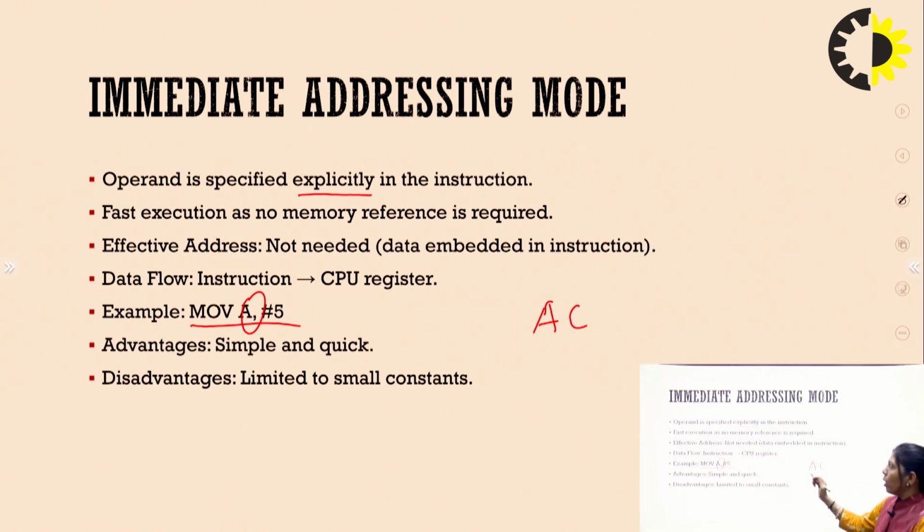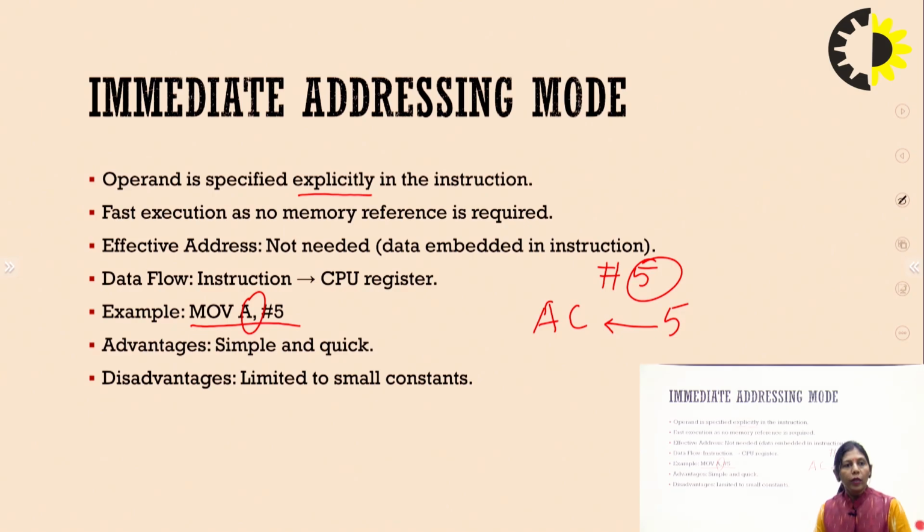That means this hashtag identifies it as the operand itself. This value is the operand, and this value will enter the accumulator. This value 5, the operand value, will enter the accumulator. The accumulator will be filled by the value 5.